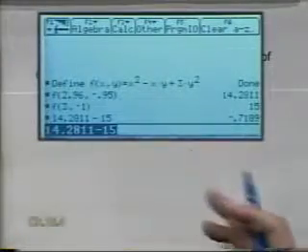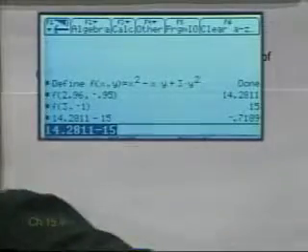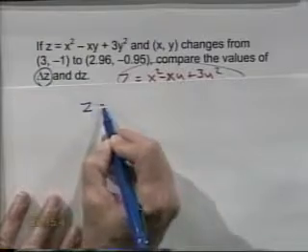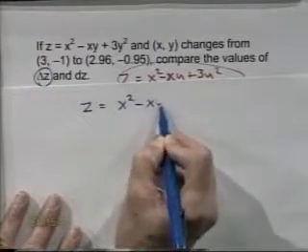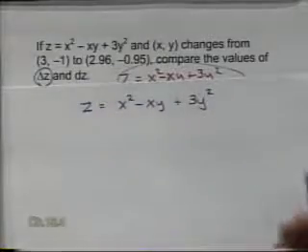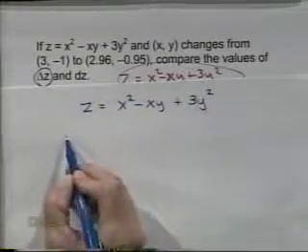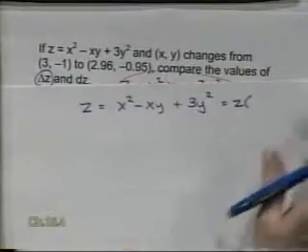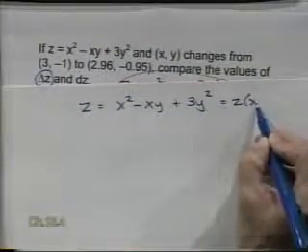Okay, so let's get rid of the calculator for a minute. Let's turn it off. And the function was z equals x squared minus xy plus 3y squared. And they want me to figure out the total differential dz. No problem. Notice, first of all, ask yourself, z is a function of how many variables here? 2, x and y.